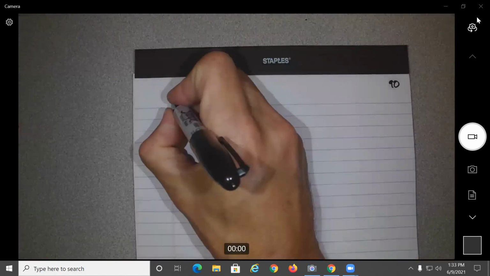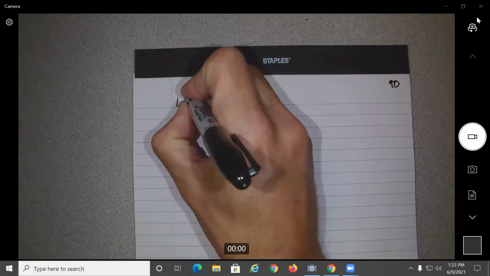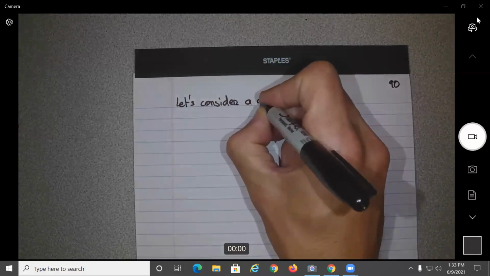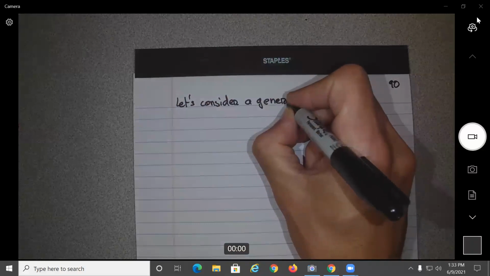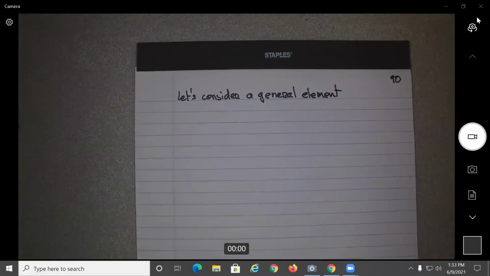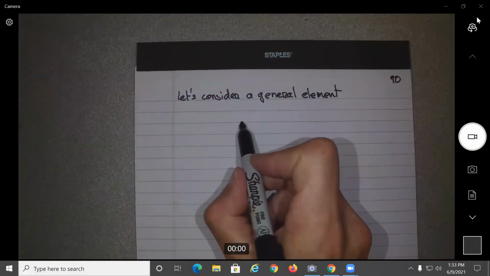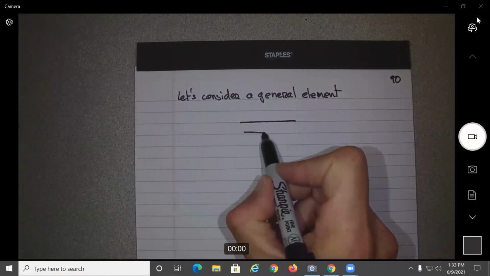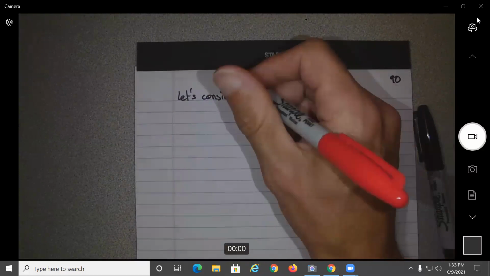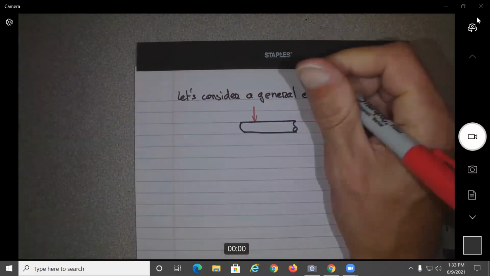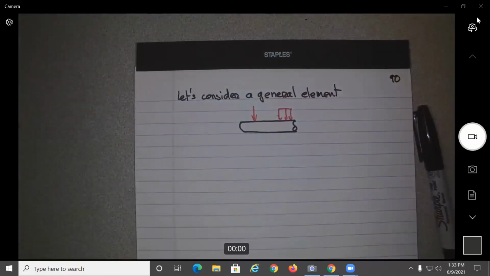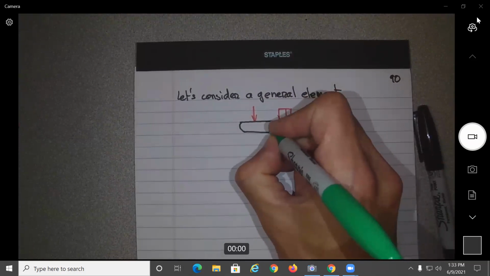Okay, so let's consider a general element. What I'm trying to say over here is just imagine that you have your shaft over here that can be subjected to all kinds of loads. I made them up, doesn't matter. But let's say we're going to look at one element over here.